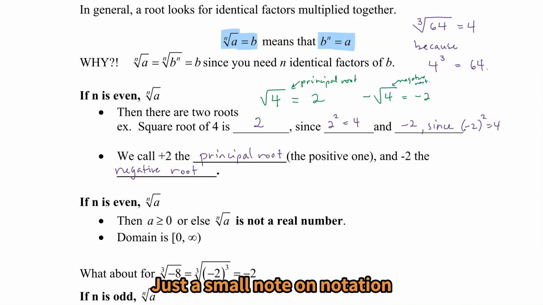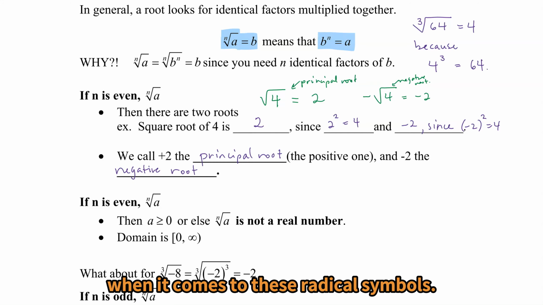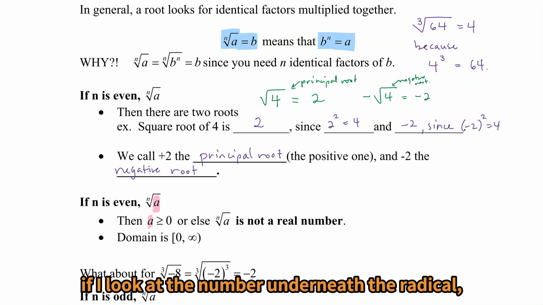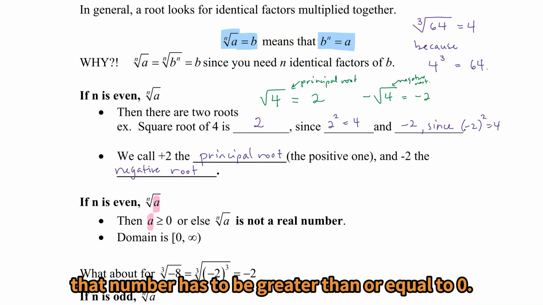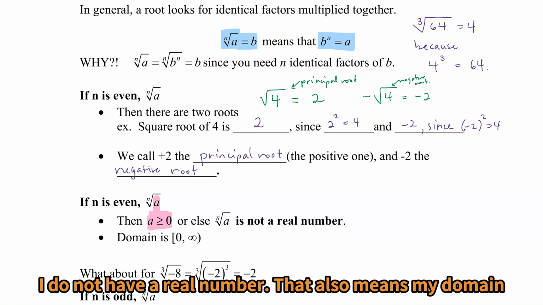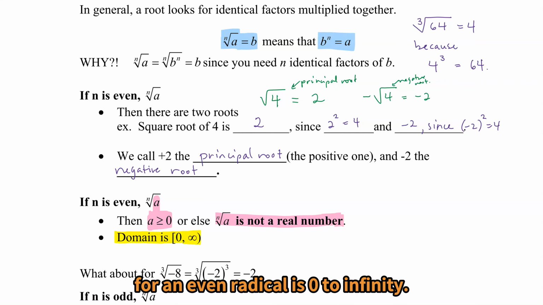Just a small note on notation when it comes to these radical symbols. Also, for even roots, if I look at the number underneath the radical, that number has to be greater than or equal to 0. If I have a negative number under that even radical, I do not have a real number. That also means my domain for an even radical is 0 to infinity.